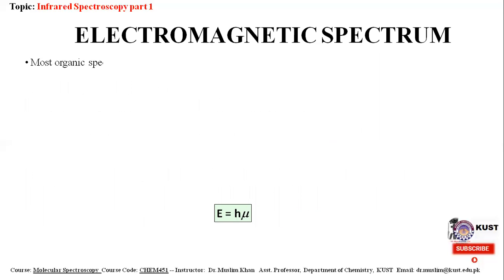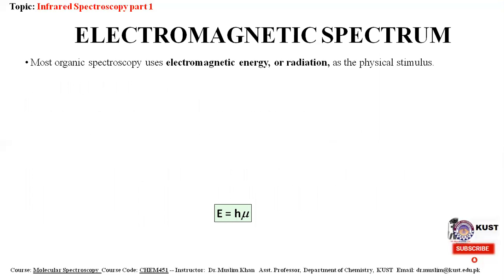What is the electromagnetic spectrum? Most organic spectroscopy uses electromagnetic energy or radiation as the physical stimulus, which interacts with the molecule, and the molecule responds.